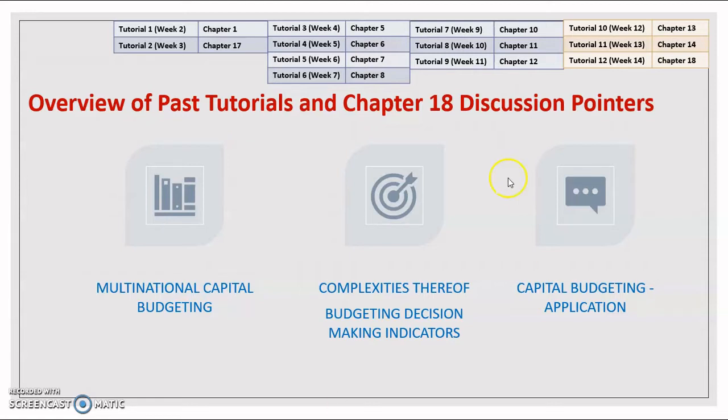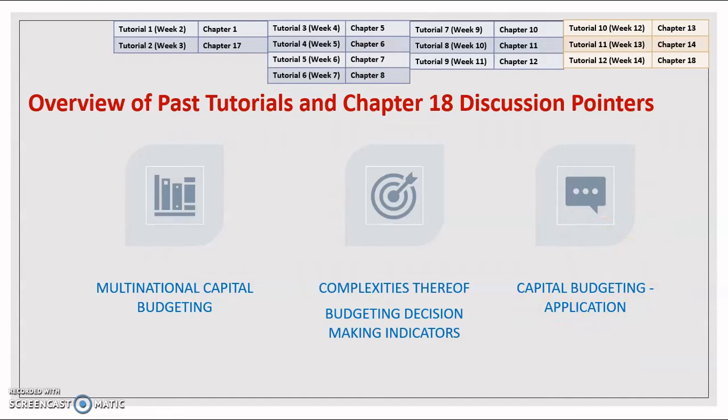So, in theory, we will look at the complexities associated with multinational capital budgeting, meaning the added challenges that companies face in addition to domestic capital budgeting. What are the marking indicators or the decision making factors? And finally, we will look at the application.